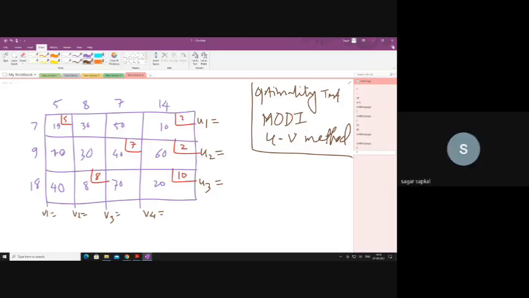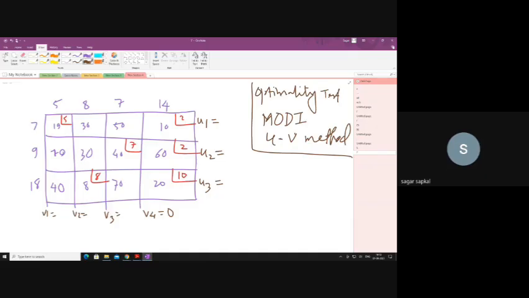Third row, 2. First column, 1. Second column, 1. Third column, 1. Fourth column, 3. So where is the maximum number of occupied cells? In the fourth column. So make that variable 0. So V4 is equal to 0.